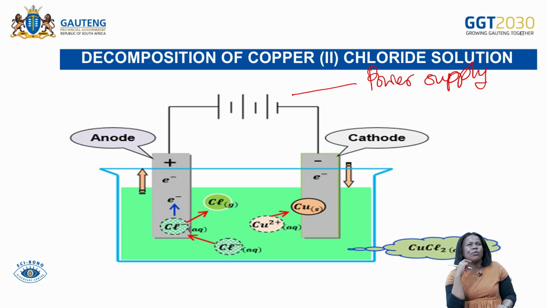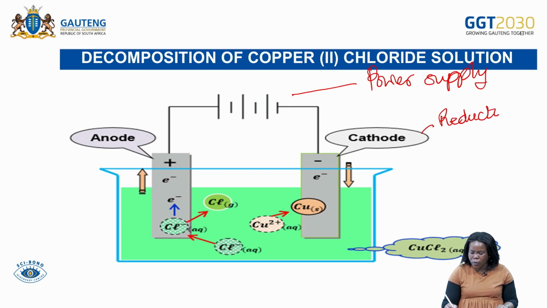What do we remember about the name cathode? It is where reduction takes place. So what do you know about reduction right now? It is the gain of electrons. Can you see how intertwined the whole thing is?